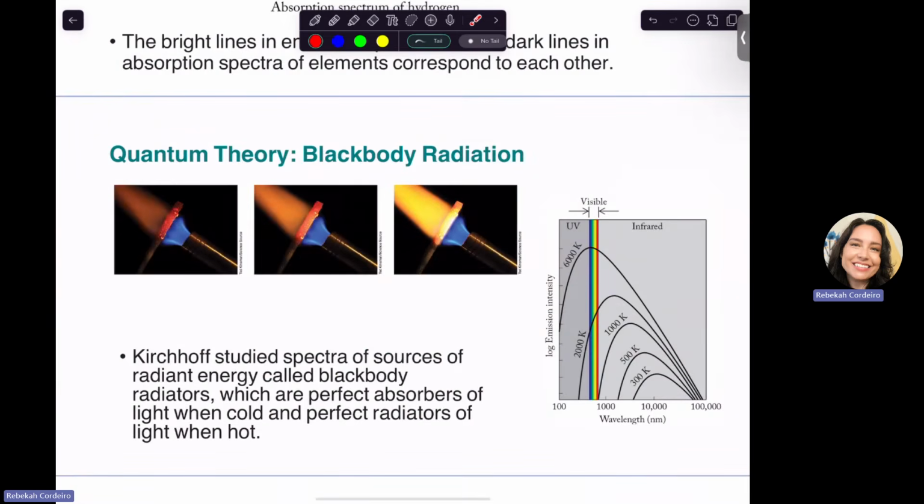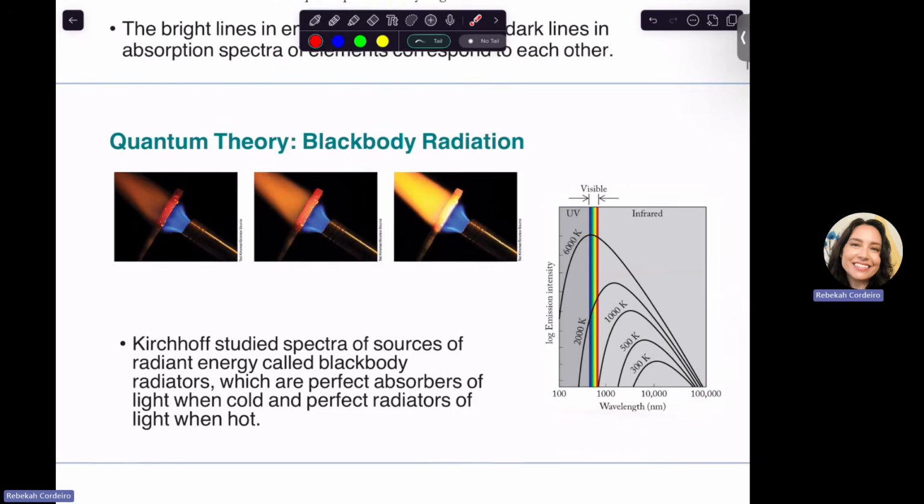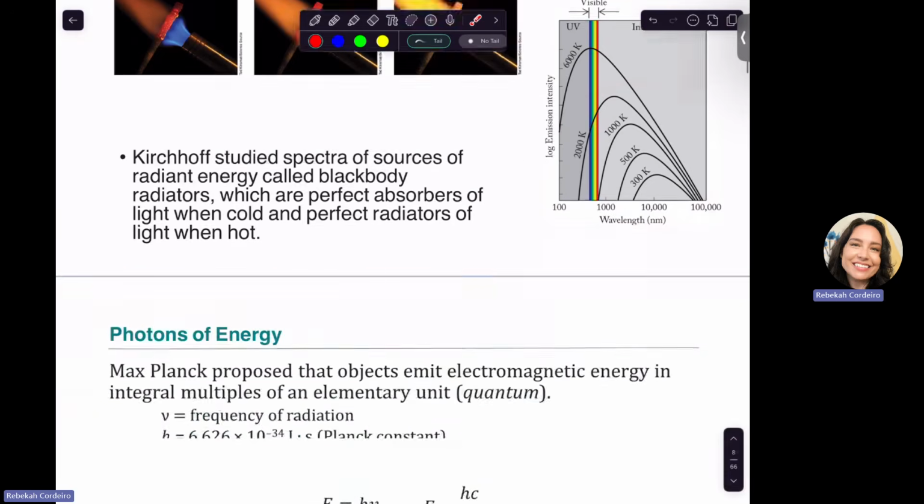Black body radiation. Black body radiators are perfect absorbers of light when they're cold and perfect radiators of light when they're hot. I don't think that you need to know anything related to black body radiation or this graph or anything for your exams in this class.